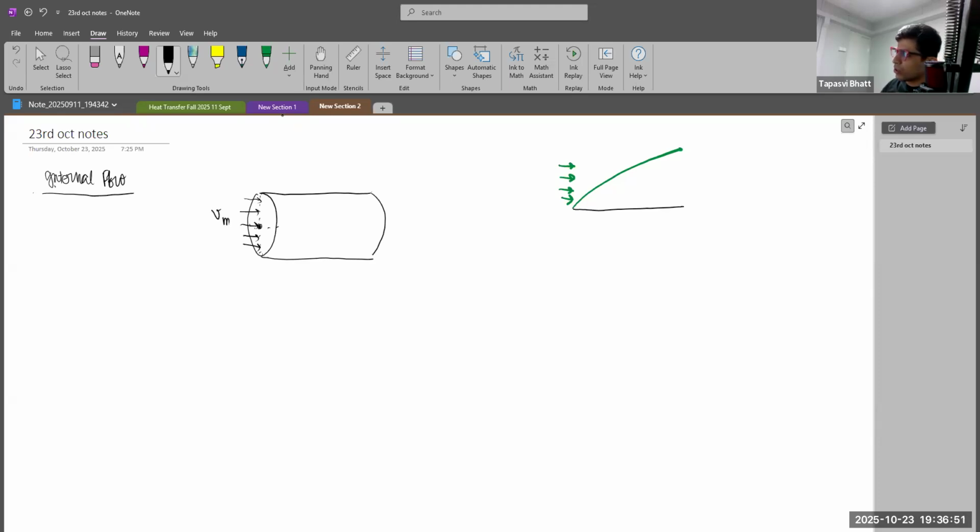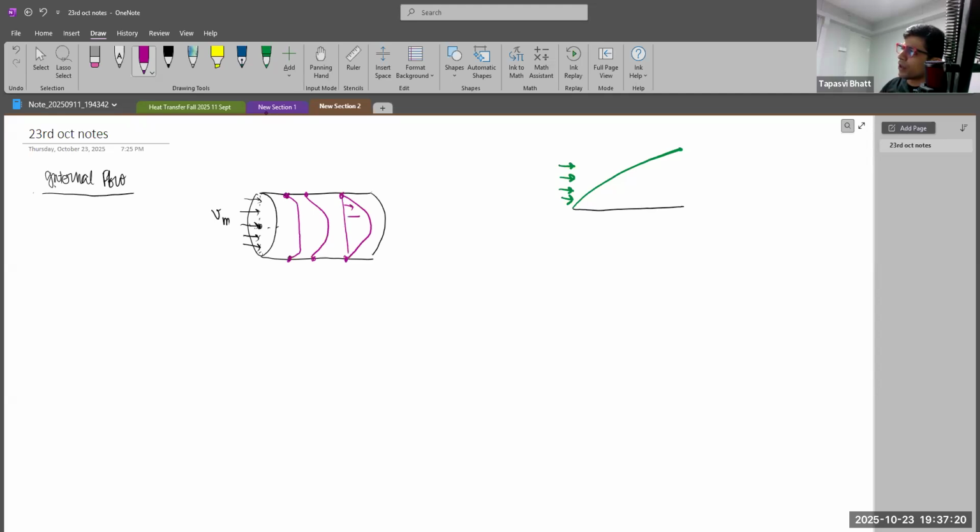It enters and slowly and gradually, because of the friction due to the surface of the walls, there is a no slip condition here. Okay, so because of this no slip condition, gradually the velocity front initially looks like this, then it becomes more like this, and ultimately it becomes perfectly parabolic.